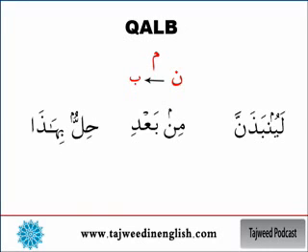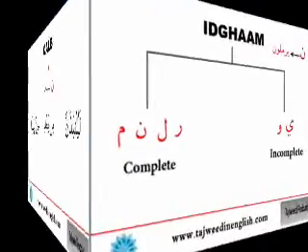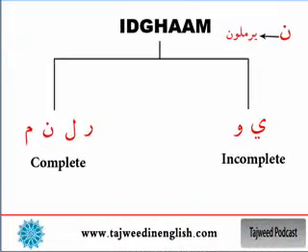These are the rules of noon sakina and tanween. If it is followed by other letters of the Arabic language, of course it takes another ruling. I have mentioned also in the rules of noon sakina and tanween that for idgham, if noon sakina is followed by yarmalun, ya, ra, meem, lam, waw, or noon, then it is divided into two parts.